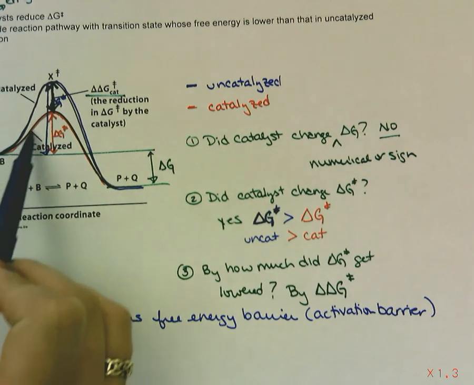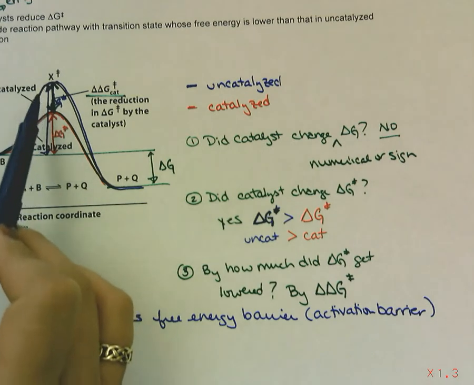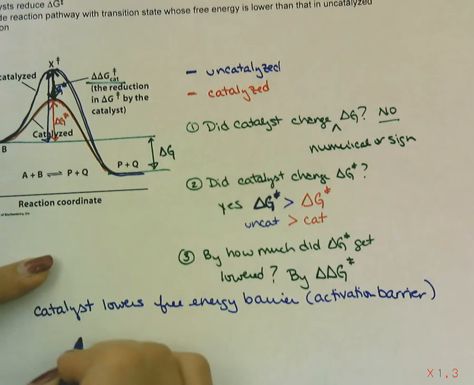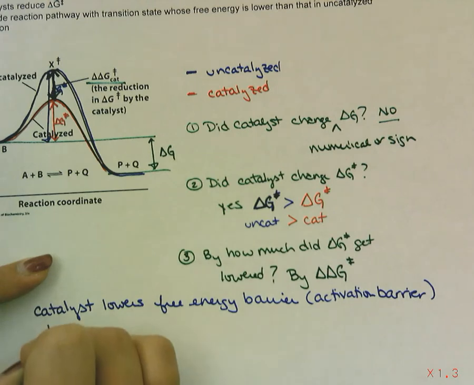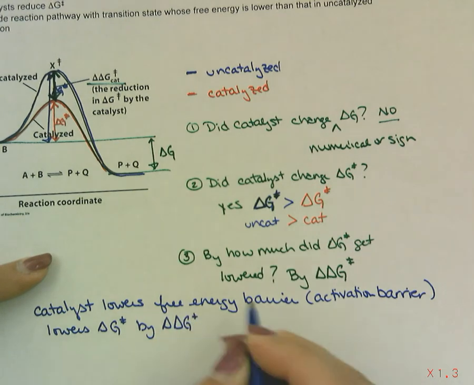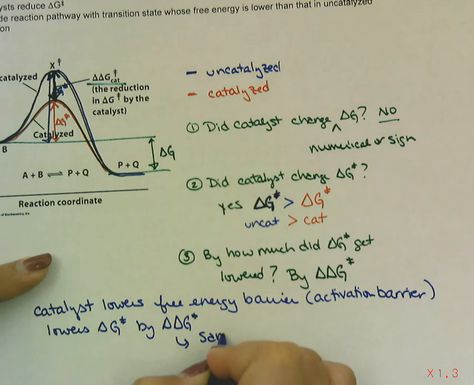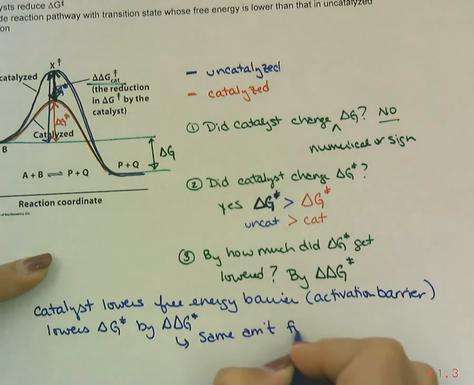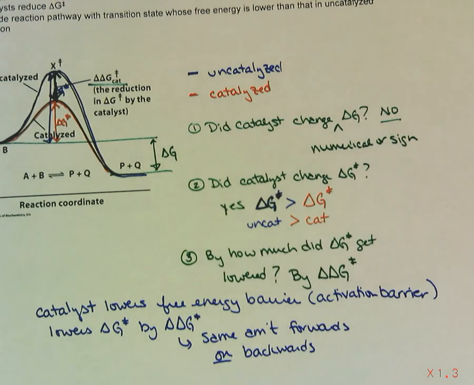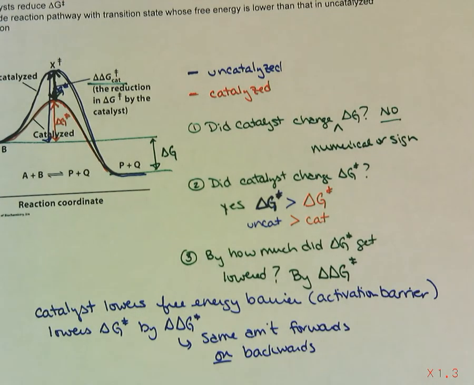So delta G is a constant regardless if I'm going forward in the reaction, the spontaneous direction, or going the backwards direction, the non-spontaneous direction. So a catalyst just overall lowers the activation barrier.